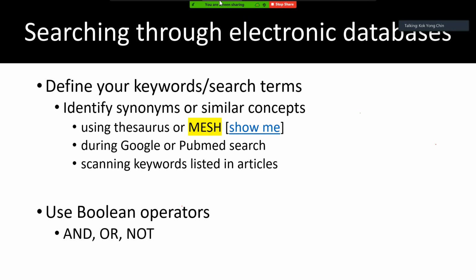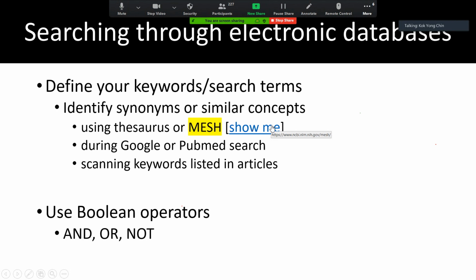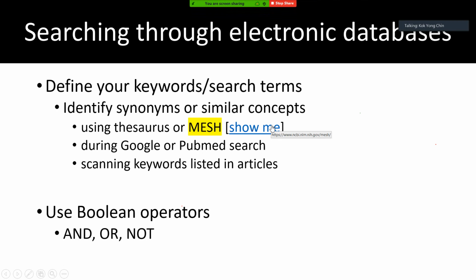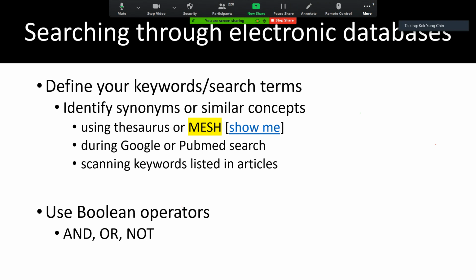So actually now, not later. Let's say I'm working on osteoporosis. If I just put vitamin E or tocotrienol and osteoporosis, my search result might not be very comprehensive. It just shows me osteoporosis, but maybe it will not show me bone. Osteoporosis is a bone disease, so maybe I want to include bone also in my search keywords.